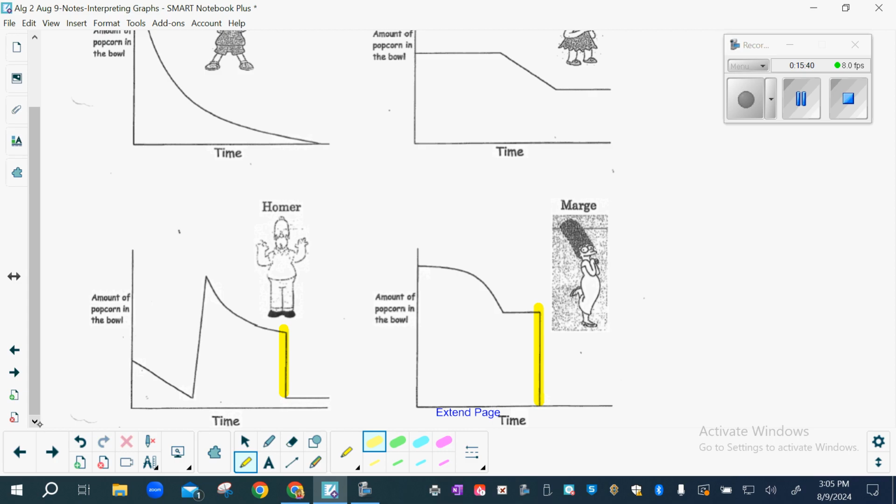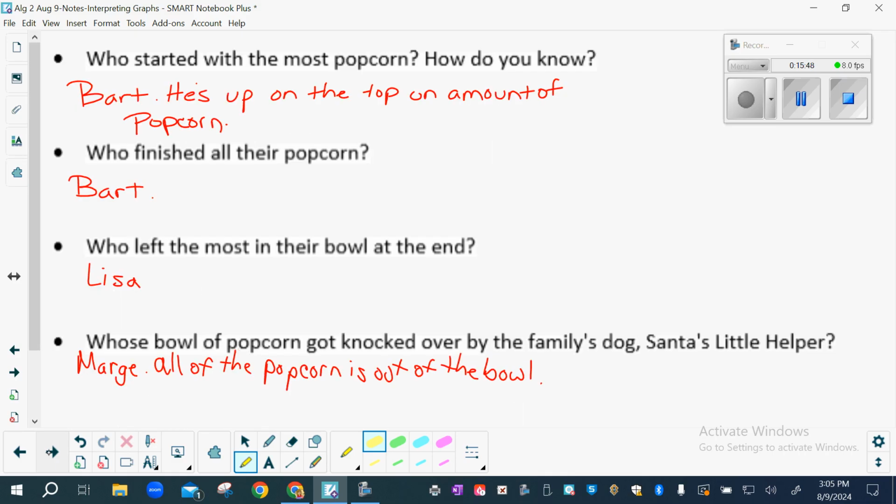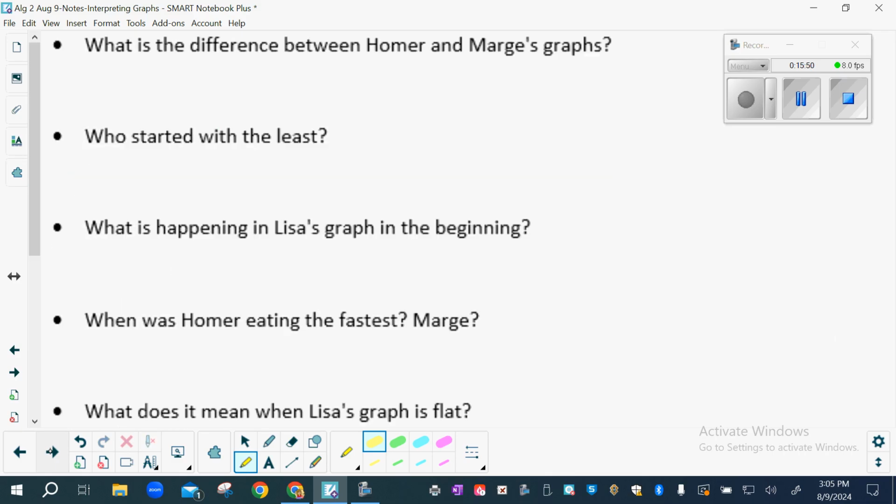Somehow taken some more popcorn, so it goes down and then up. Hers goes all in the direction of down or flat, whereas his goes back up. There's other differences. You're right. There's other differences as well.